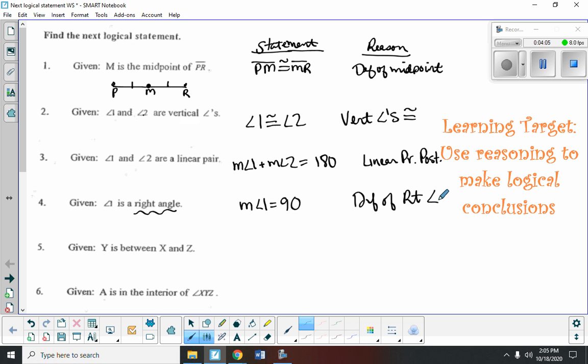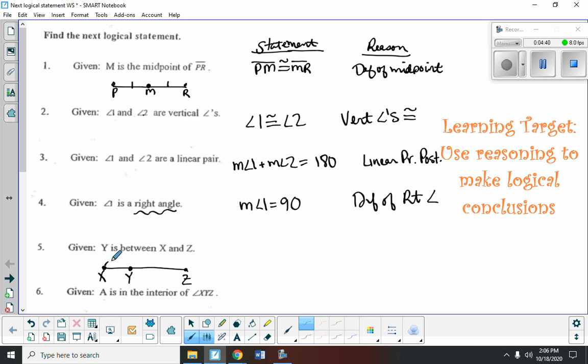Now the next one, I always think these are a little bit strange, but it says Y is between X and Z. So first I would draw a picture. So here is point X and here is point Z, and point Y is between them somewhere. So what kind of statement could you make with that? If you look at your segments, the very first thing that you have under segments is the segment addition postulate that says the two small segments add up to make the whole segment.